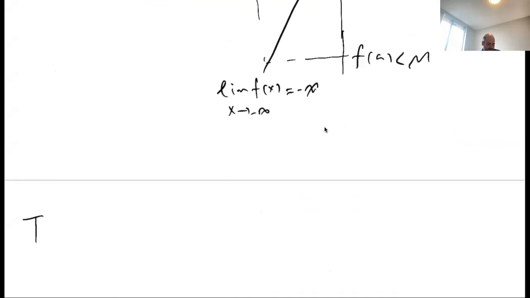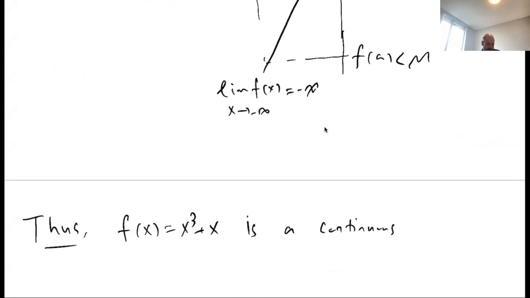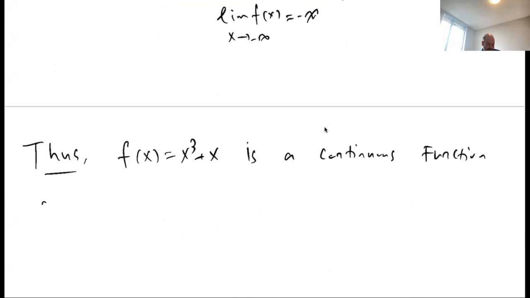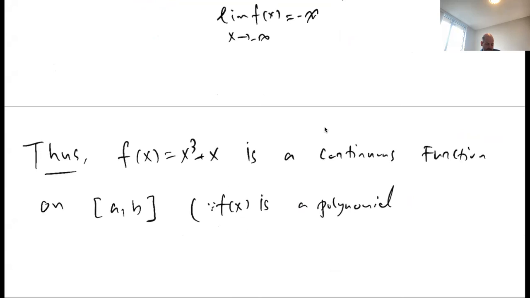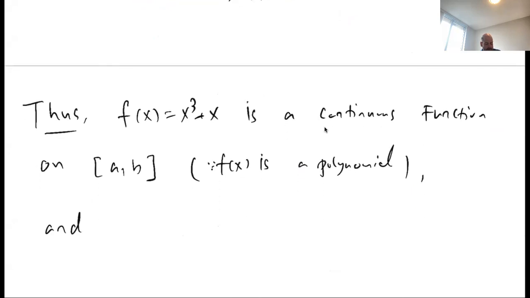All right, so what can we conclude? Thus, f of x equals x cubed plus x is a continuous function on the interval a to b. F of x is a polynomial. And m is between f of a and f of b.